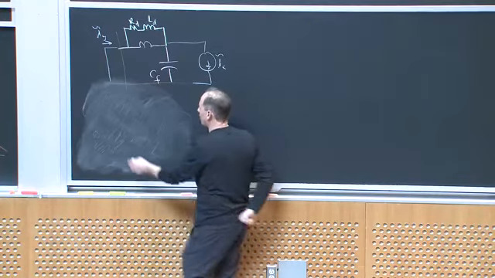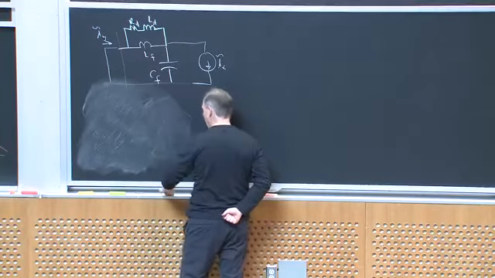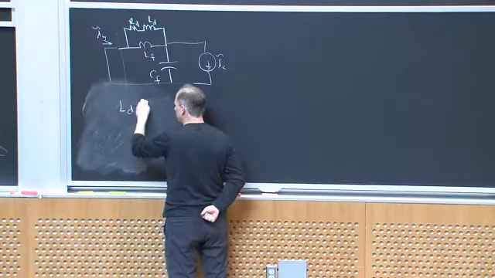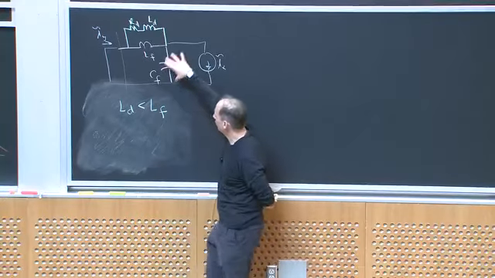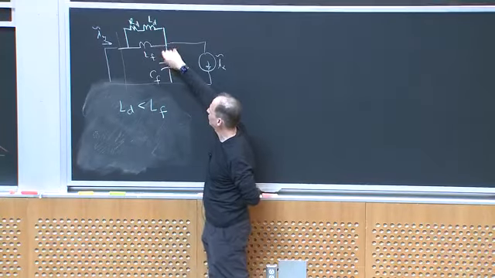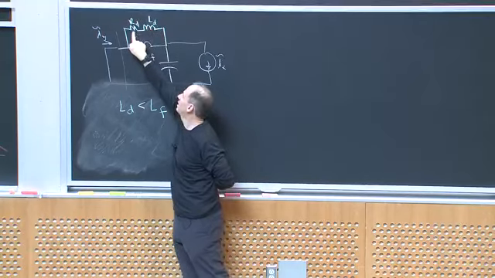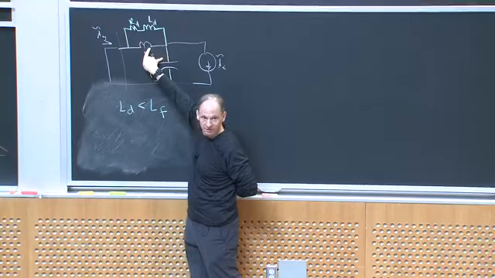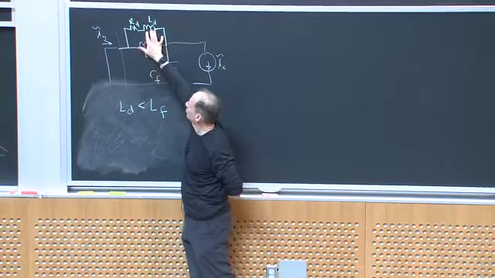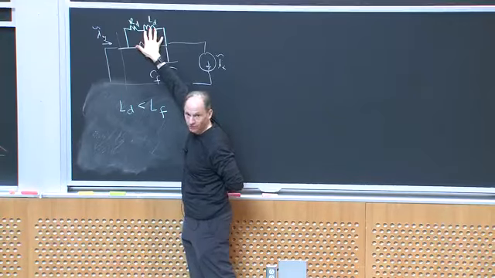In this case, if this is LF, I would make LD less than LF. So that near the cutoff frequency, 1 over the square root of LFCF, LD now looks like a short circuit, and it's RD that's damping LF and CF. When I get to high enough frequencies, LD starts to look inductive. It looks like a higher impedance than RD, and I get my roll-off. Okay?